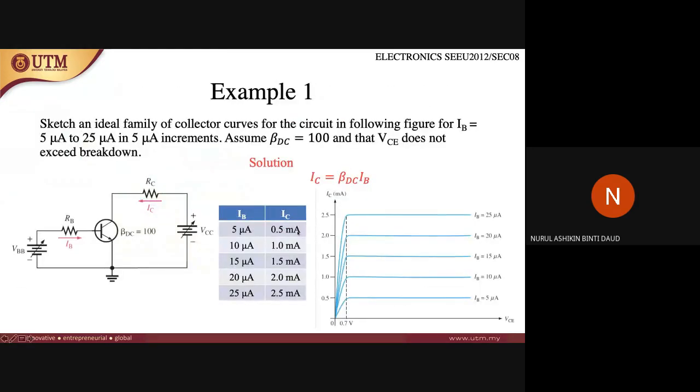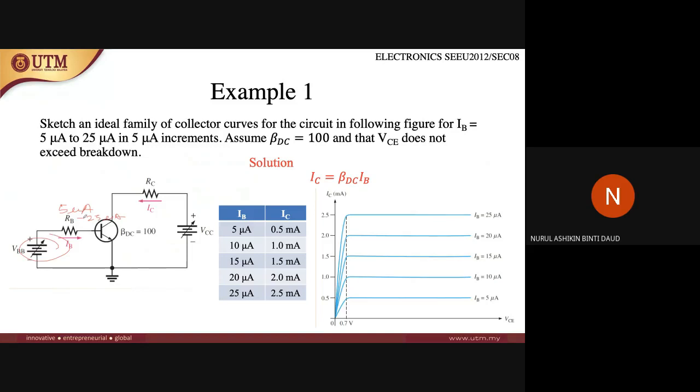So next, let's look at example 1. Sketch an ideal family of collector curves for the circuit in the following figure for IB from 5 microamps to 25 microamps, since the external voltage source is variable.